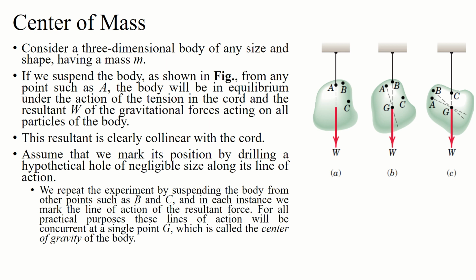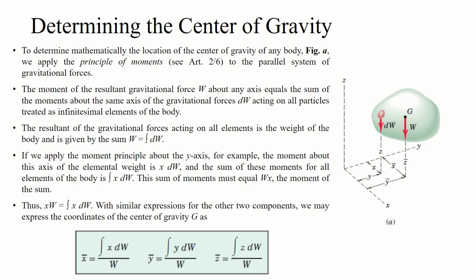As you have studied in chapter 2, for a parallel system of gravitational forces, the moment of the resultant gravitational force about any axis equals the sum of the moments about the same axis of the gravitational forces dW, as you can see right here in this figure. The resultant of the gravitational force field acting on all elements of the body is the weight W, given by the sum of the dW's, that is, adding all the small dW's together.